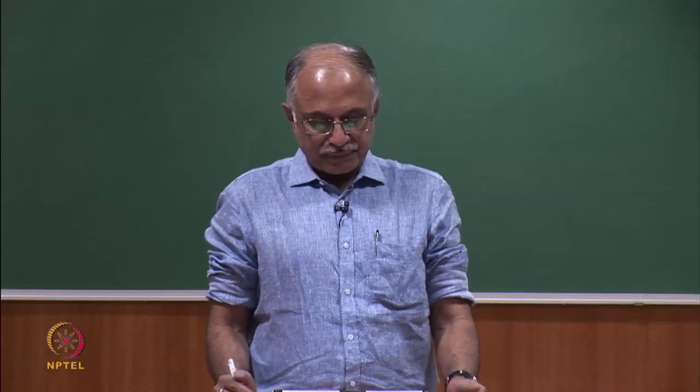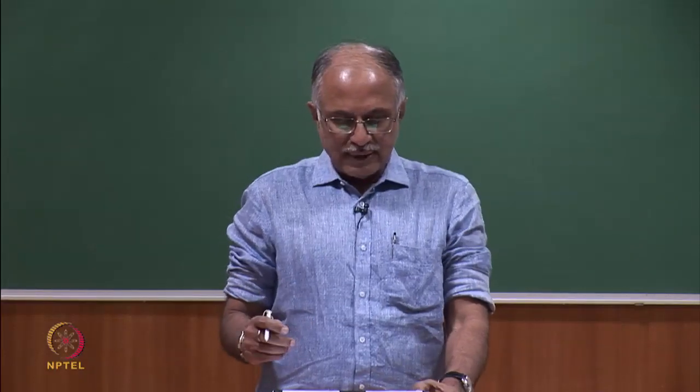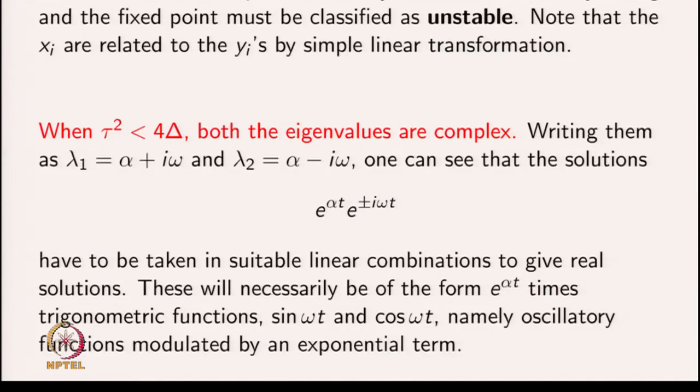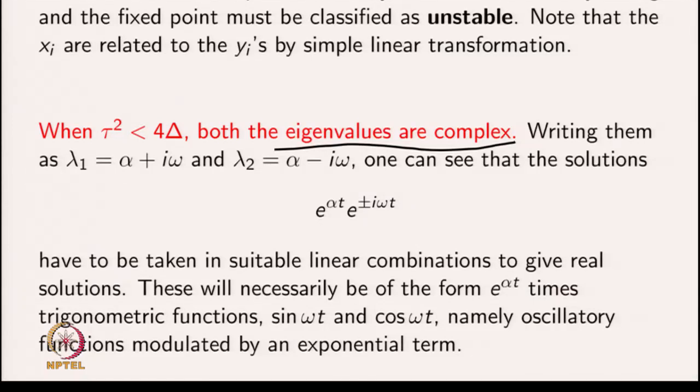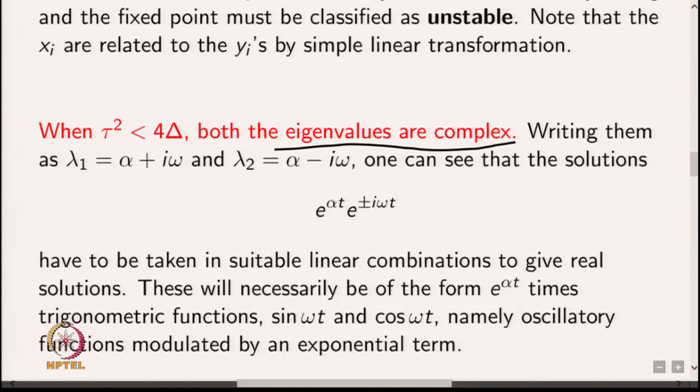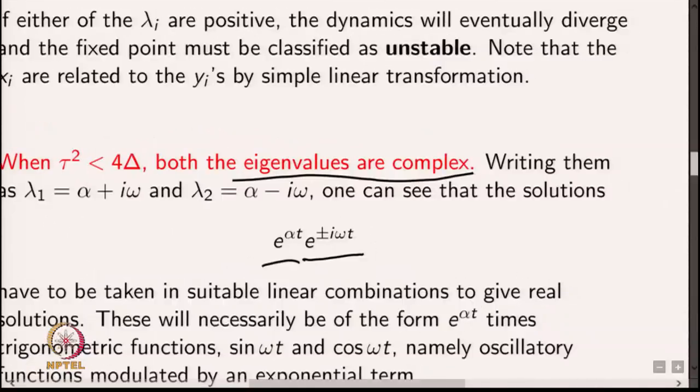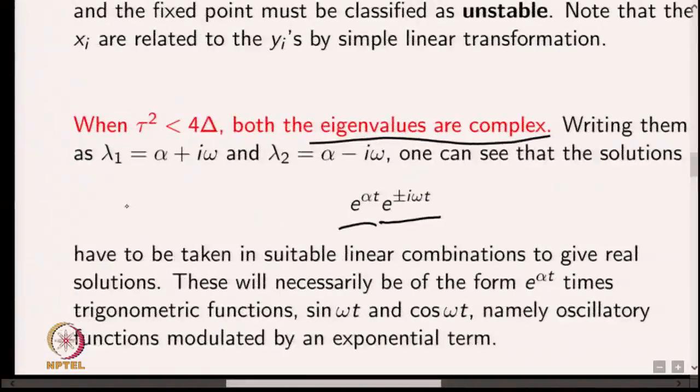Now, when tau squared is less than 4 delta, then both the eigenvalues are complex, and writing them as lambda 1 is alpha plus i omega and lambda 2 is alpha minus i omega, one can see that the solutions are going to be of the form e to the alpha t, e to the plus or minus i omega t.